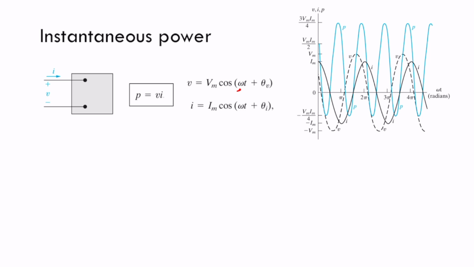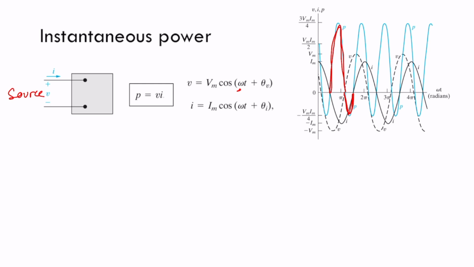But there is something very interesting here: for some moments, this P is negative. What does that mean? For some moments, the gray box is actually sending power back to the source. Likewise, when P is positive, it means power is going to the gray box.